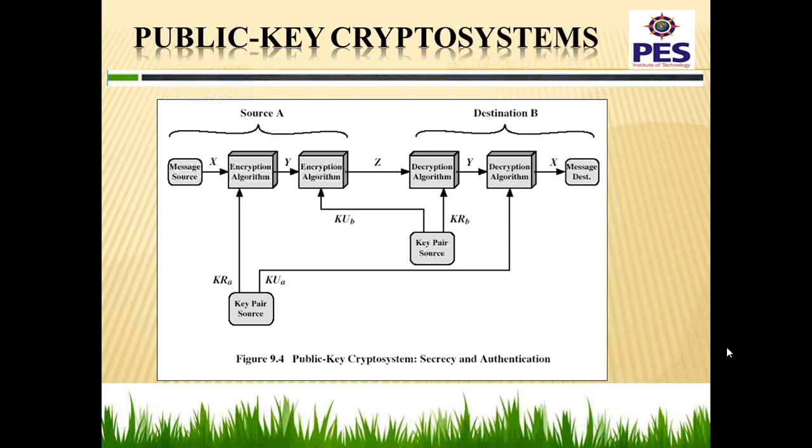Destination person B decrypts it using the decryption algorithm with key Y, and the plain text, or whatever information was sent from source A, is read by B. This is how the public key RSA algorithm works.